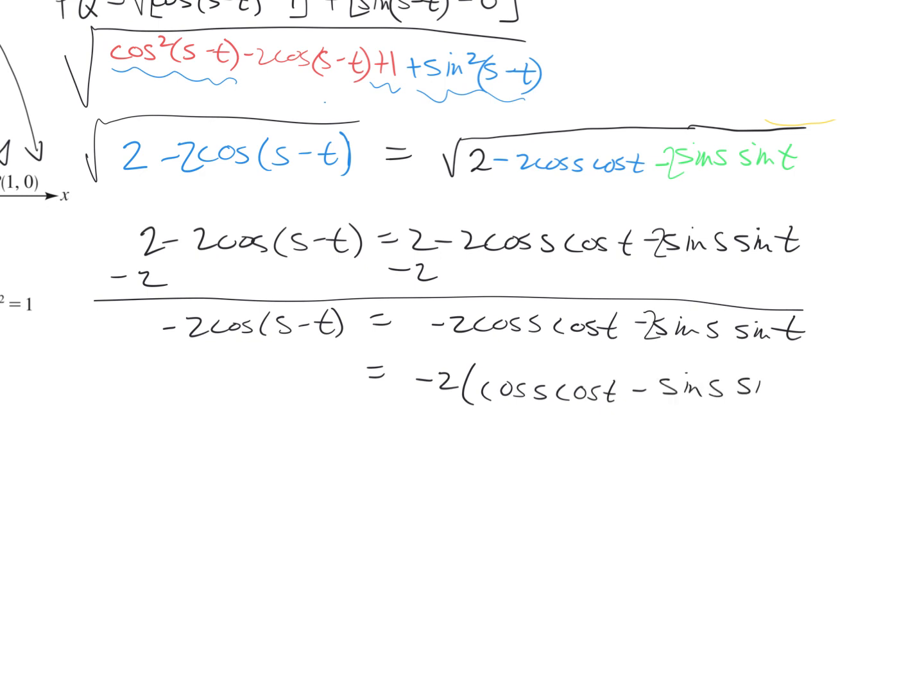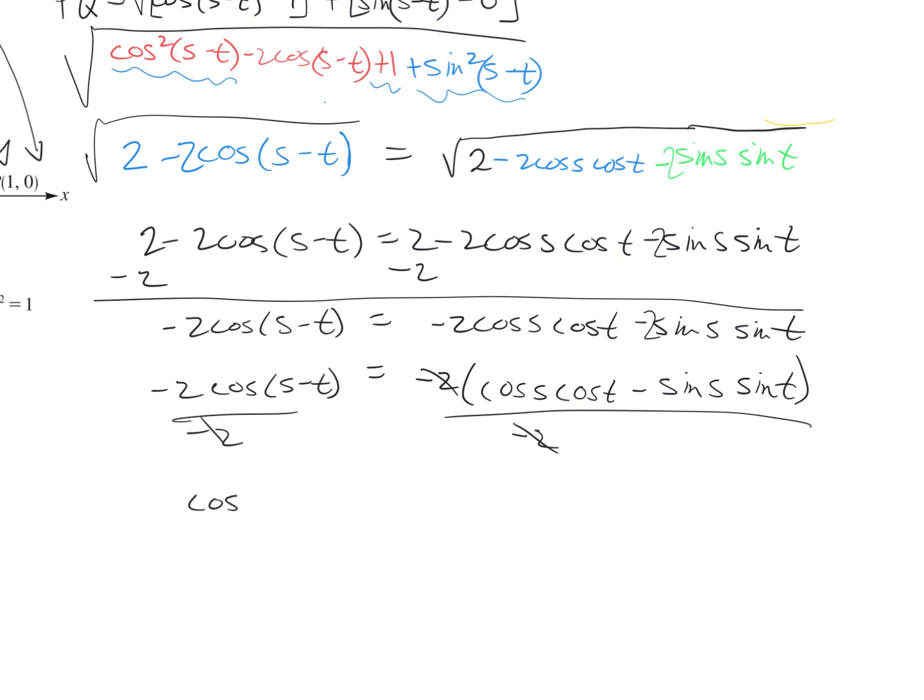Then we can divide both sides by negative 2, and they cancel out. And so here's the money shot: cosine of s minus t equals cosine s cosine t minus sine s sine t.